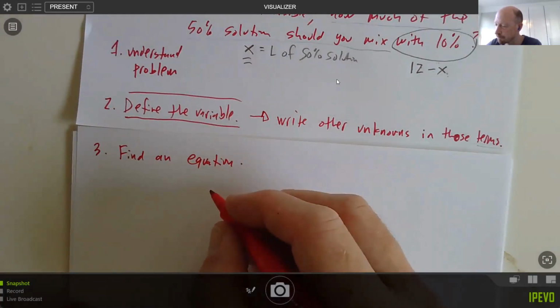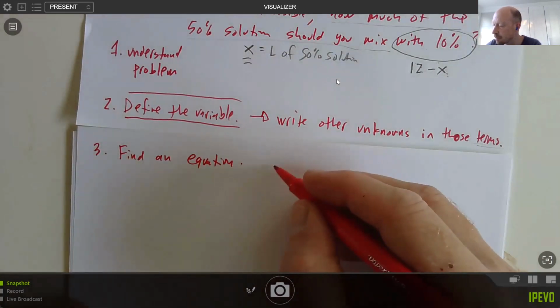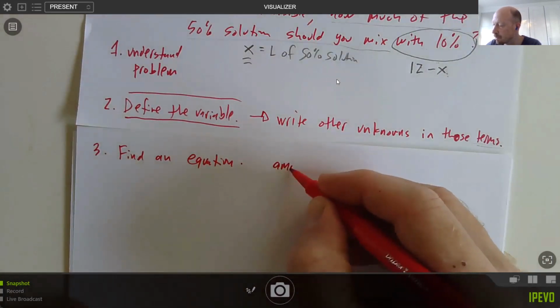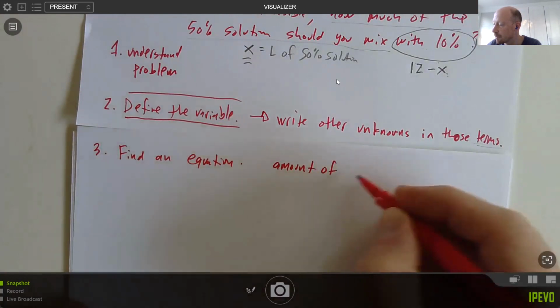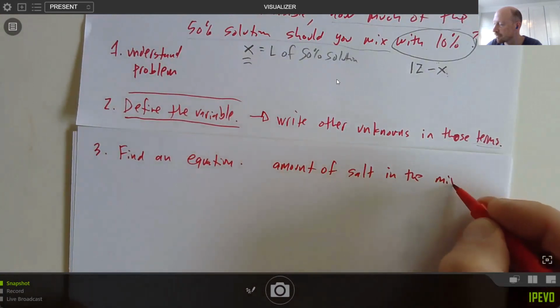What we have to look at for the mixture problem is the amount of, in this case, salt in the mixture.